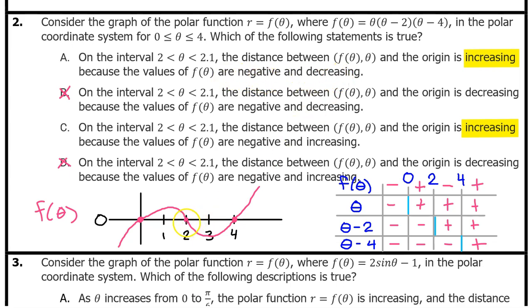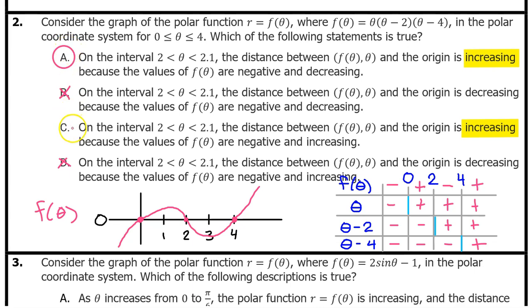And yes, as we move to the right of 2, the values are negative, see how they're below the x-axis, and decreasing. We don't know exactly where the minimum value is, but certainly a tiny bit to the right of 2, we see that the graph is falling. It is decreasing. So, negative and decreasing. So the answer is going to be A.